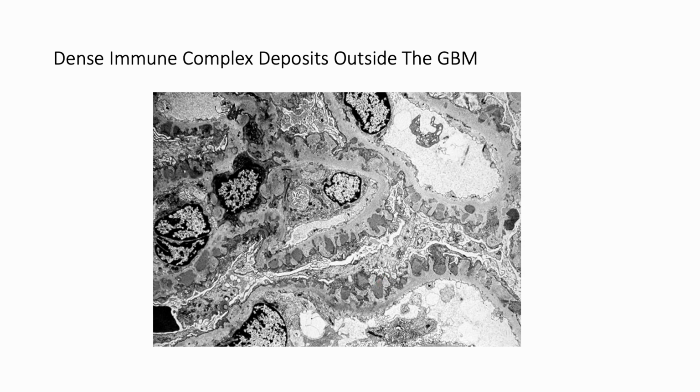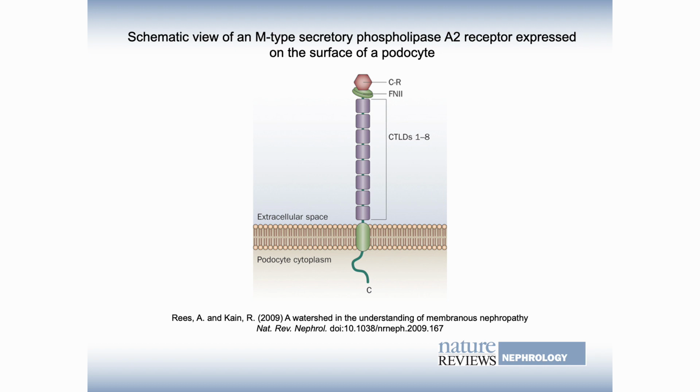Now, this is for sure membranous nephropathy. As I said before, the most important development in membranous nephropathy is the discovery of the phospholipase A2 receptor antibodies, the PLA2 receptor antibodies.